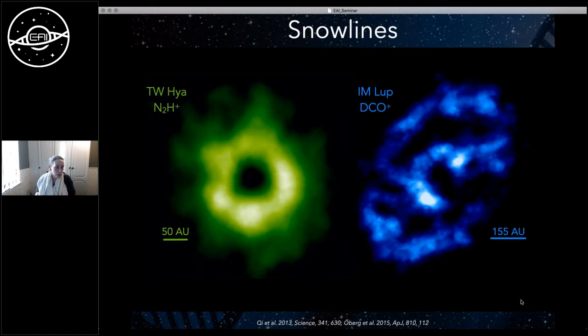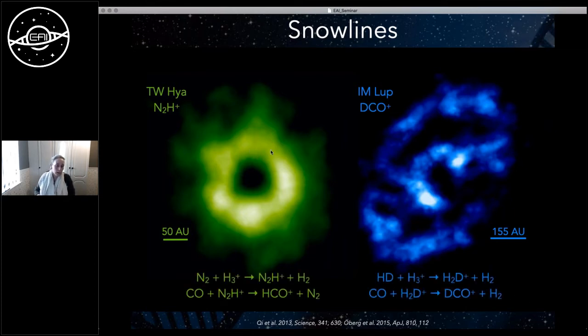So the reason that these two images trace the location of the CO snow line is because of astrochemistry. On the left-hand side, the reason that N2H+ lights up in this ring is because when CO freezes out onto dust grain surfaces, it's removed from the gas, and CO is the main destroyer, if you like, of N2H+ because it's got a higher proton affinity, so it steals away the proton to make HCO+.